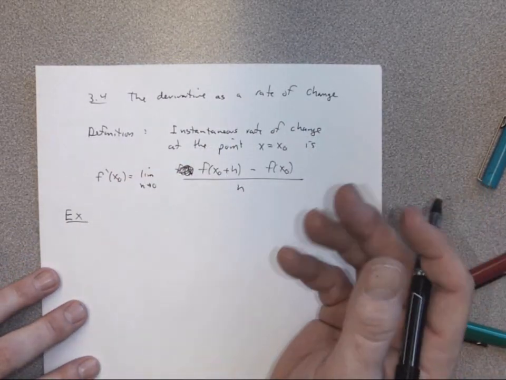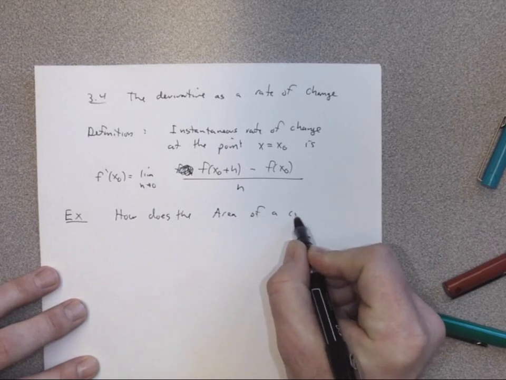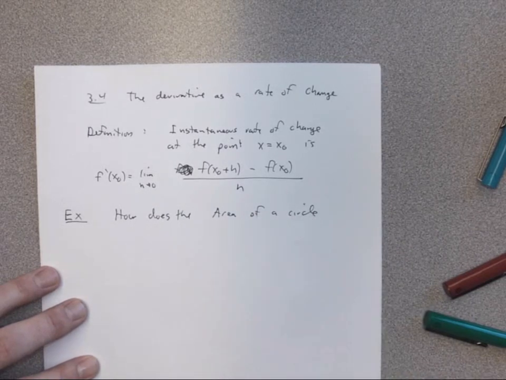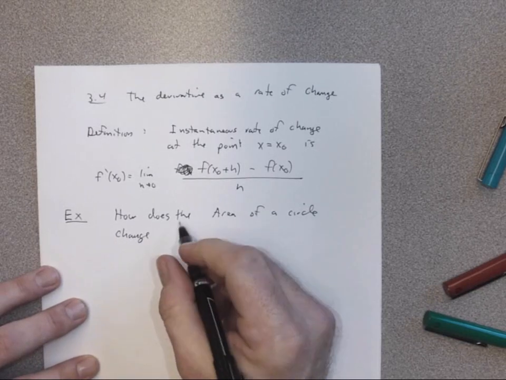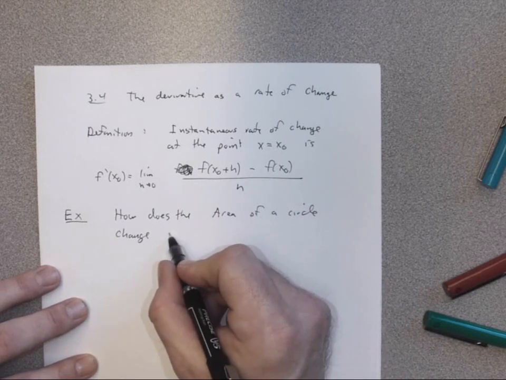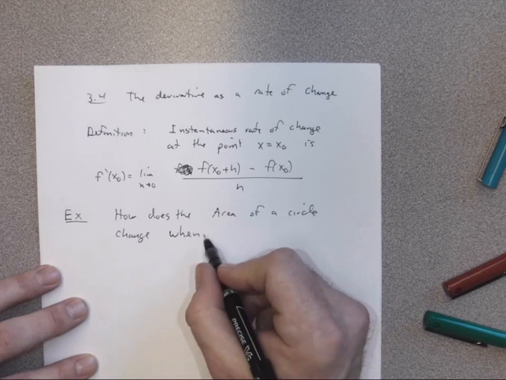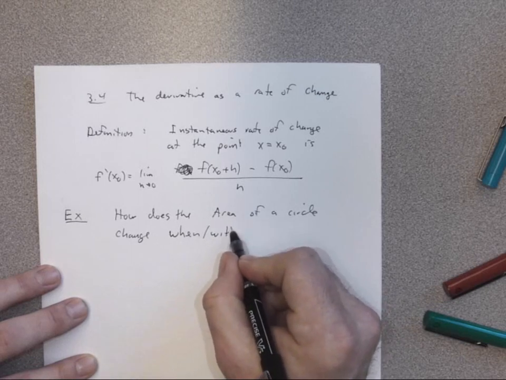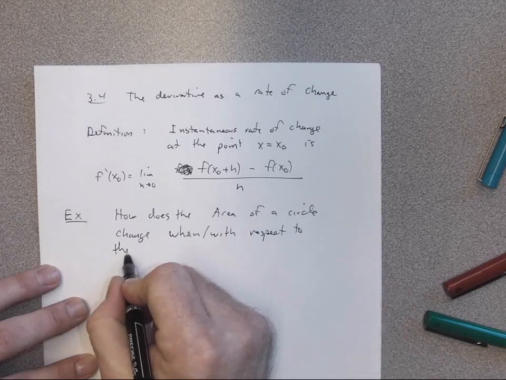So, how does the area of a circle change with respect to the diameter changing?